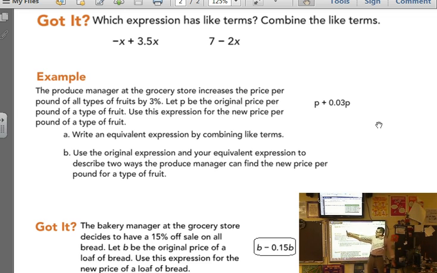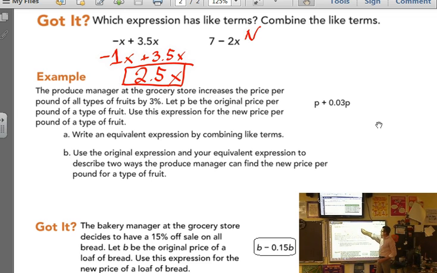How many x's are here? 1, right? So this is really negative 1x plus 3.5x, which when I combine those, negative 1 plus 3.5, we're at 2.5. So we get 2.5x. And these are not like.